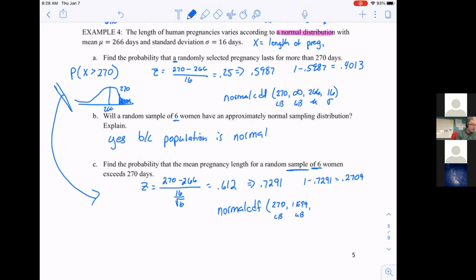However, since this is blocked, we've got to cover some more. So this is the mean of my sampling distribution, and 16 divided by the square root of 6 is the standard deviation of my sampling distribution.